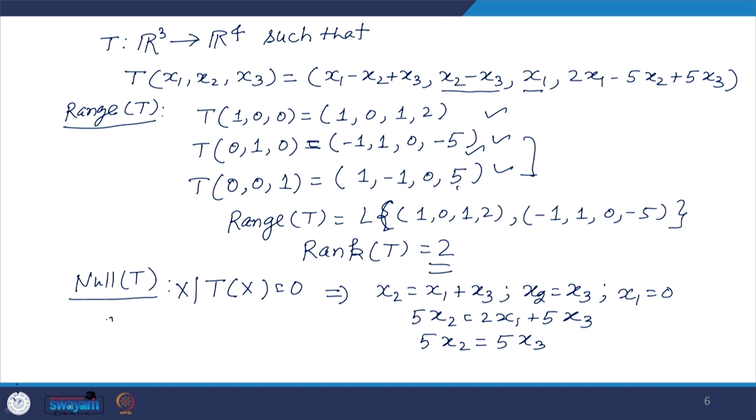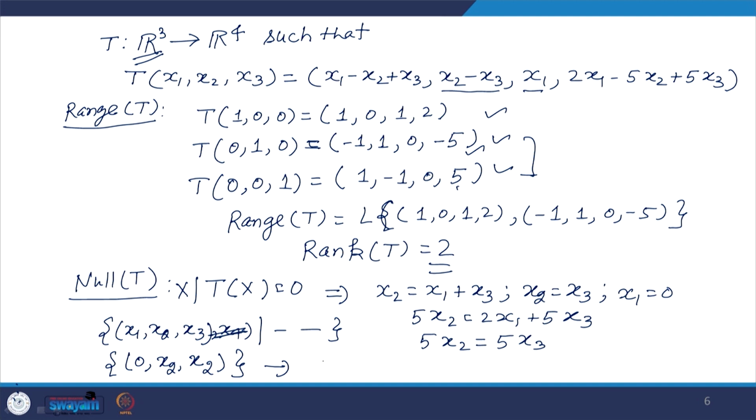So, the null space will come in R^3: all (x1, x2, x3) such that all these four equations equal 0. This gives me the vector (0, 1, 1).